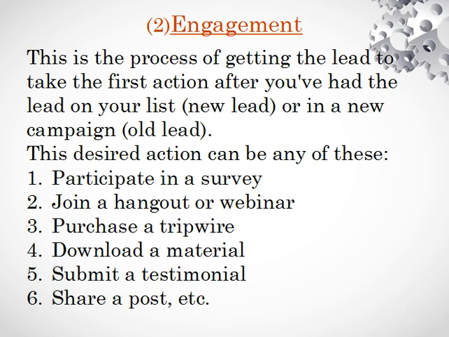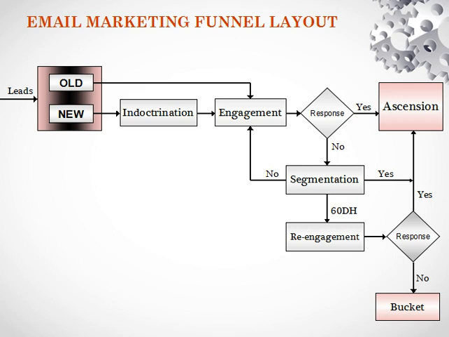You get it? So the third is the ascension. The ascension is the ultimate goal of that particular campaign. It could be the purchase of your tripwire, the purchase of your core offer, and it is the action that you want your lead or your customers to take.